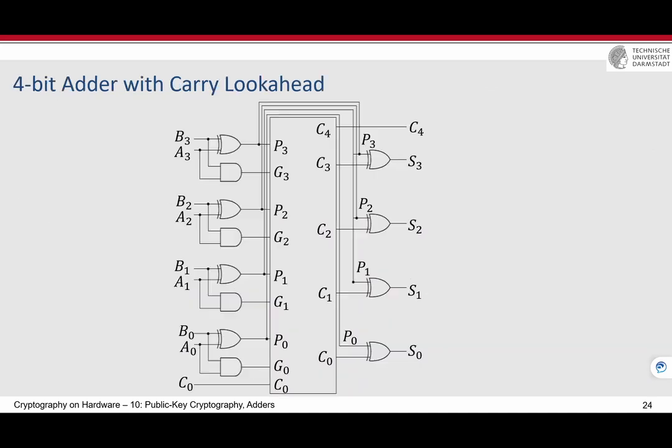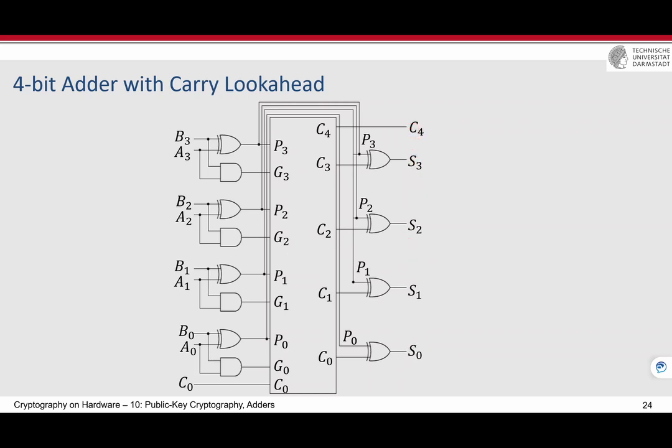This module is the carry look-ahead adder, which receives P and G and generates the carries. The carries are then XORed by the corresponding P: C0 with P0, C1 with P1, C2 with P2, and so on. Then you have the carry out and the sum values.